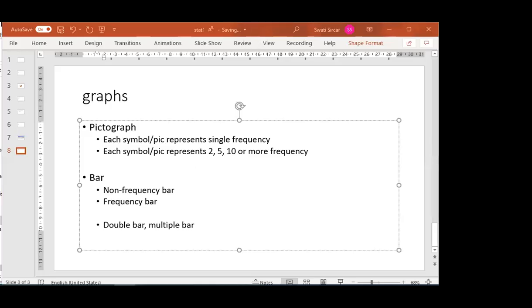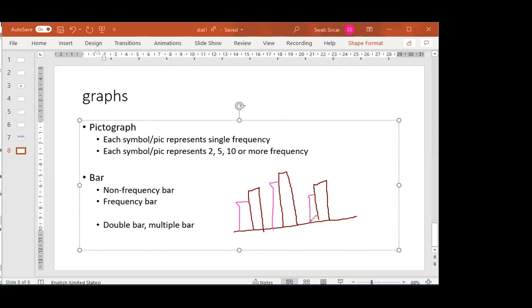so that would look like this, and now I will change color. This kind of thing is called a double bar.